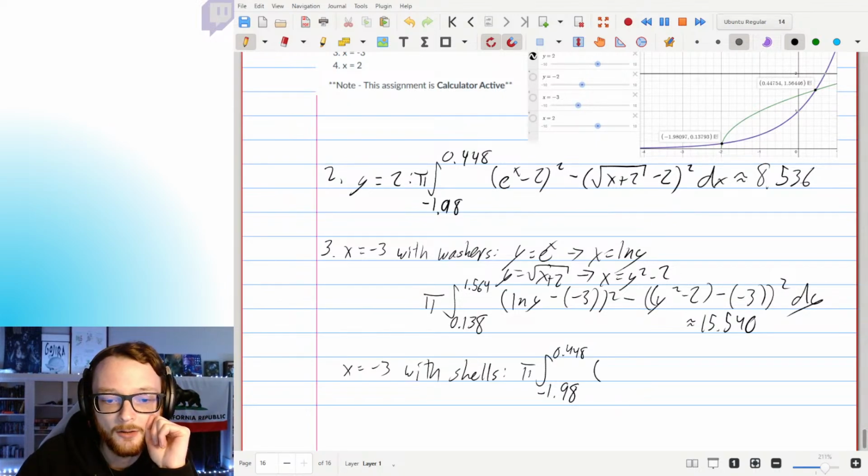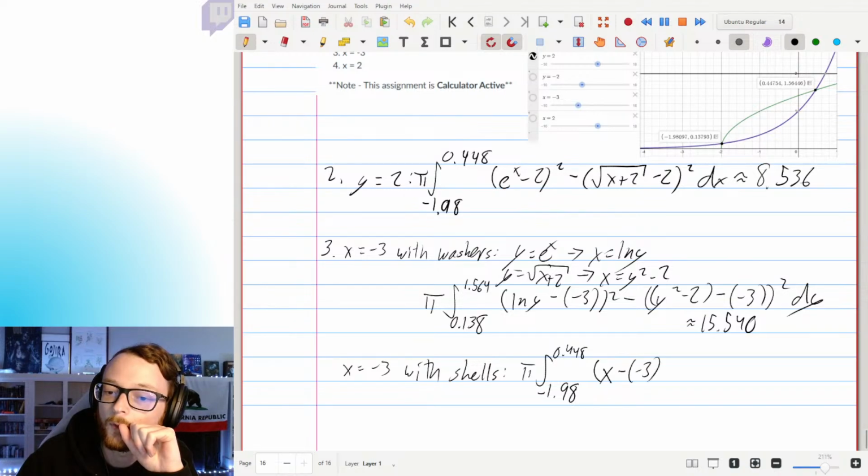So the radius is whatever x value happens to be minus -3. Just making sure that checks out with the signs, and I think it does.